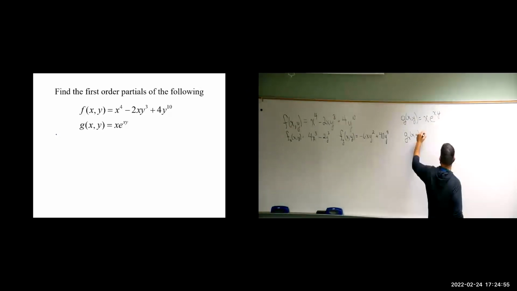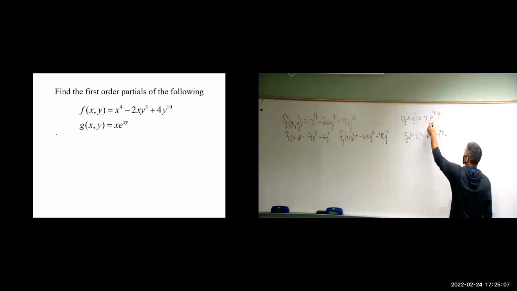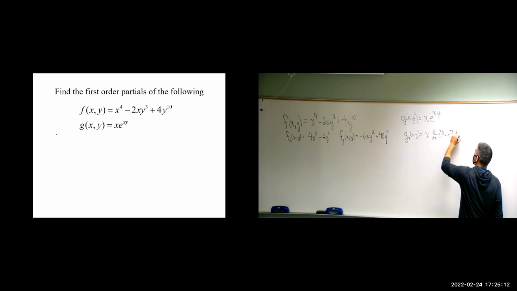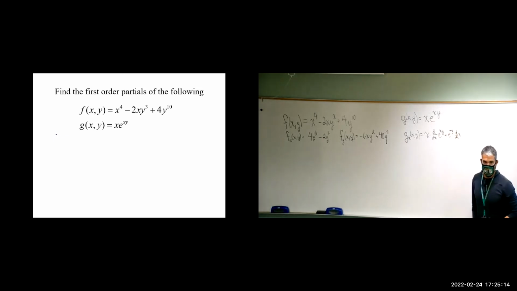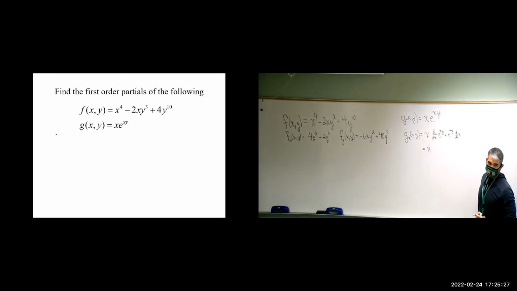So I'm going to have to set up my product rule, which is x times, we'll do it in 2 steps so you guys can see it, the derivative with respect to x of e to the xy. Now we leave this part alone, e to the xy times the derivative of x. So that was left alone. Now this derivative is a chain rule. y is a constant.